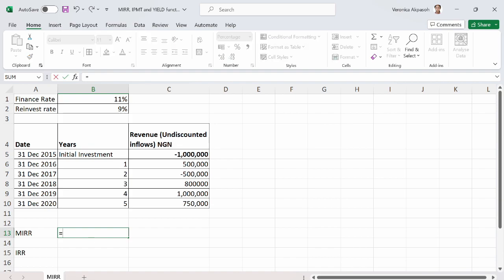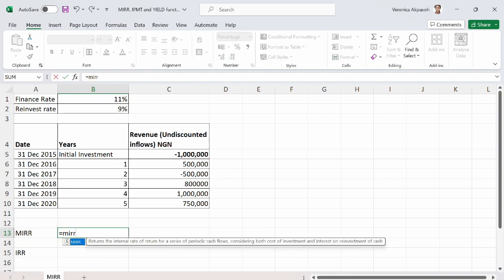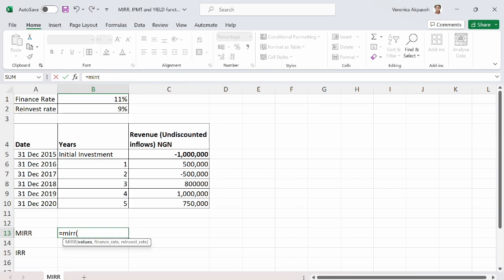So here you put the equal to sign and you type MIRR, you open the brackets. We can see 3 arguments. The first argument is values, which is to select the entire array of cash flows. And you put the comma separator. The next argument is the finance rate, which is the cost of capital, which is already provided here for us.